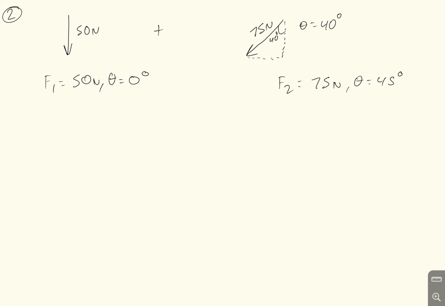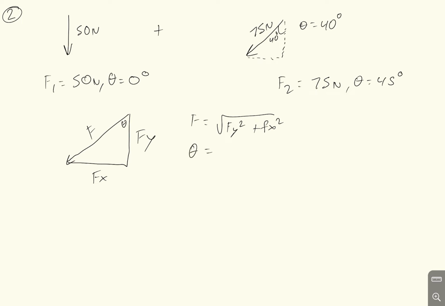So when we write it out, we get a little something like this: theta, Fx, and Fy. We remember that F is equal to the square root of Fy squared plus Fx squared, and then theta is equal to the inverse tan of Fx over Fy. And then now we can solve for the components.